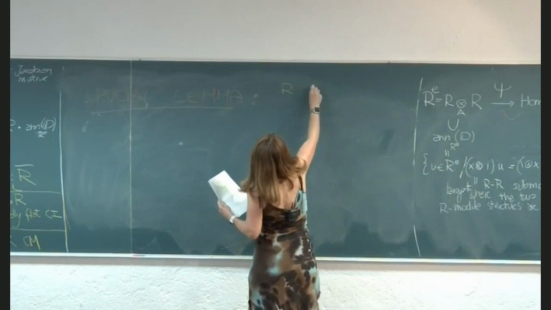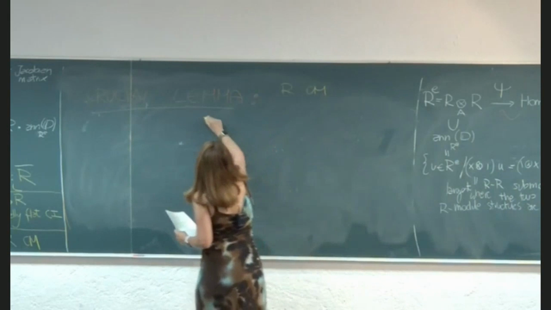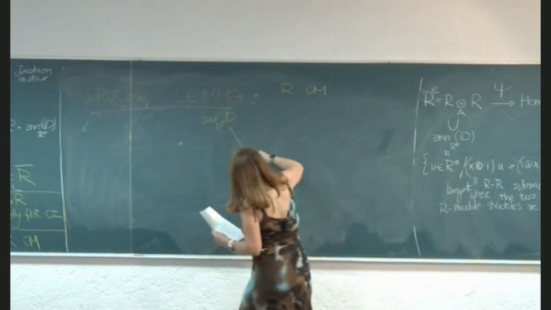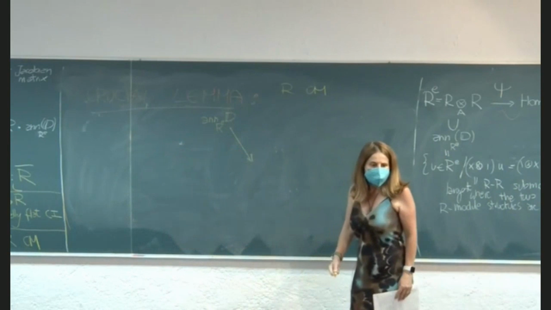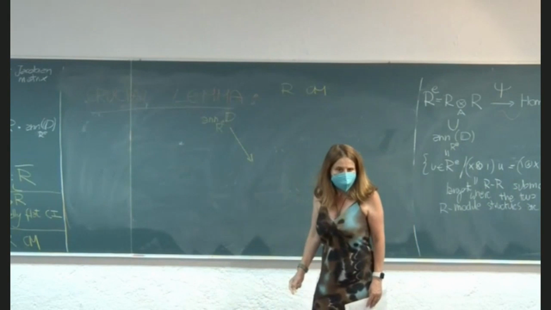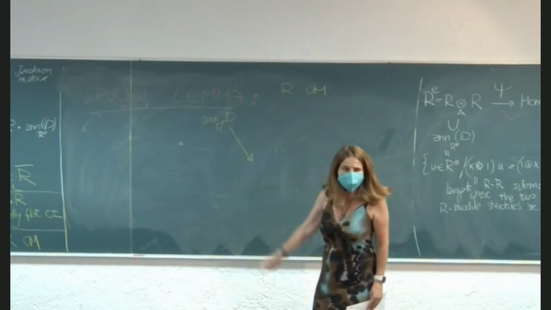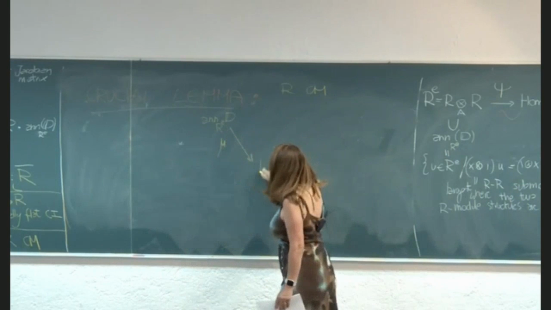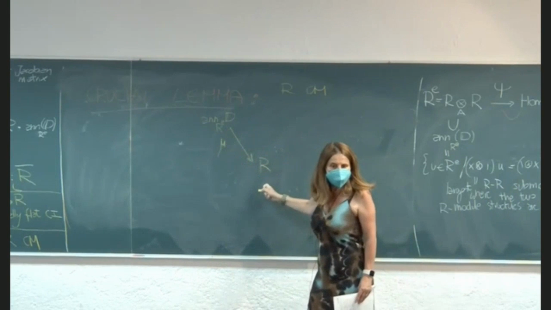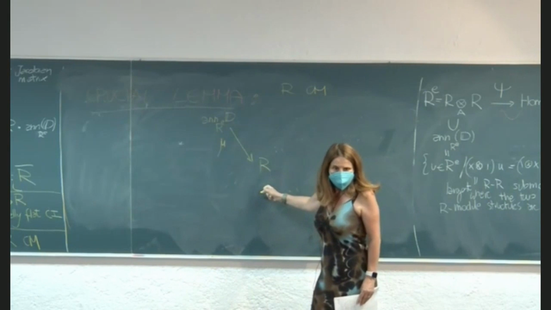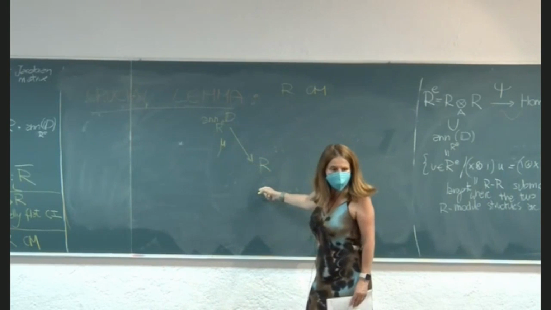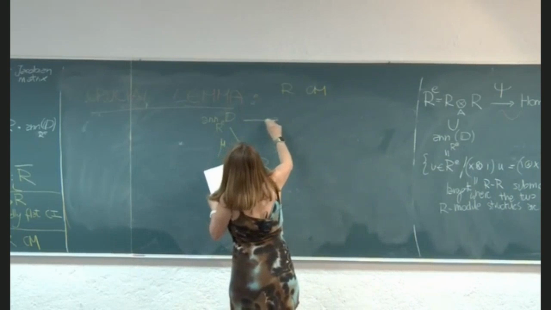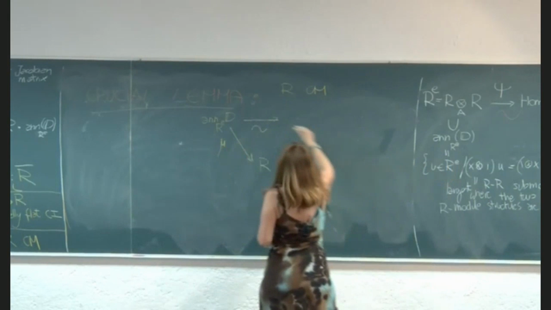So the crucial lemma says the following. Maybe I do it in yellow because this color is not very visible. Okay? So again, assume that R is Cohen-Macaulay. You start from the annihilator of D, and you want to compute the Noether different. So how to compute the Noether different? You apply mu to it. So it's mu restricted to this guy, goes to R, its image, remember, is exactly the guy we want.